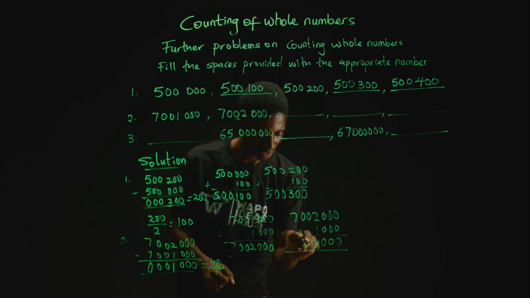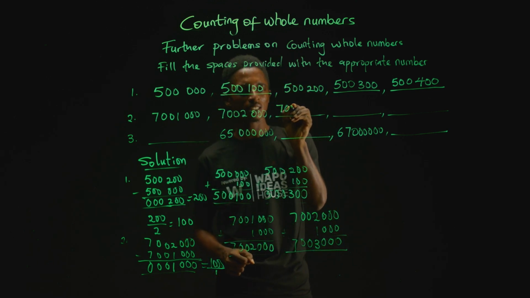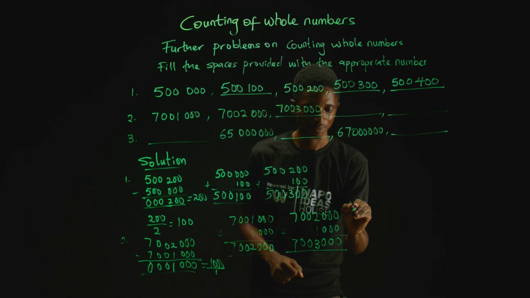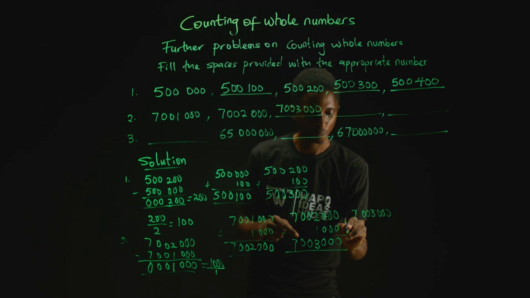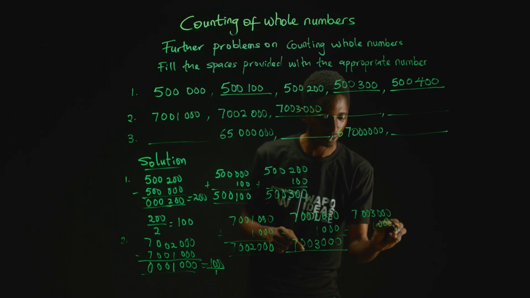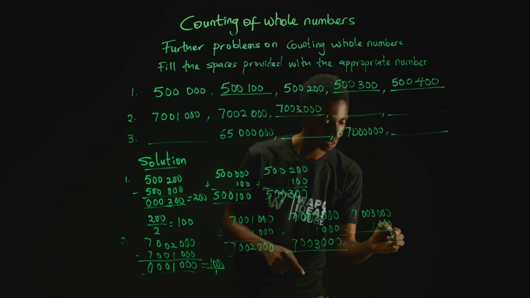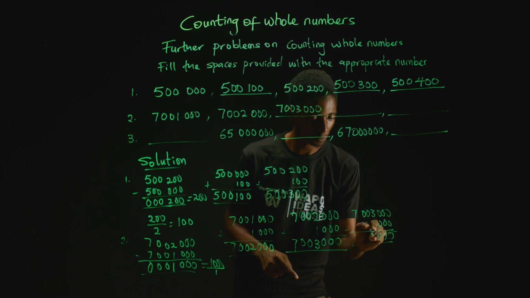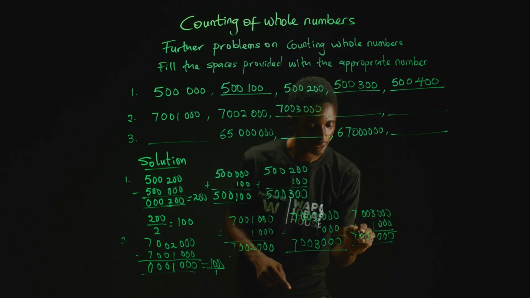Then 0, 0, and 7. Our next number becomes 7,003,000. For the next, 7,003,000 plus 1,000. What we have here becomes 0 plus 0, 0 plus 0, 0 plus 0, 3 plus 1 is 4, 0, 0, 7.